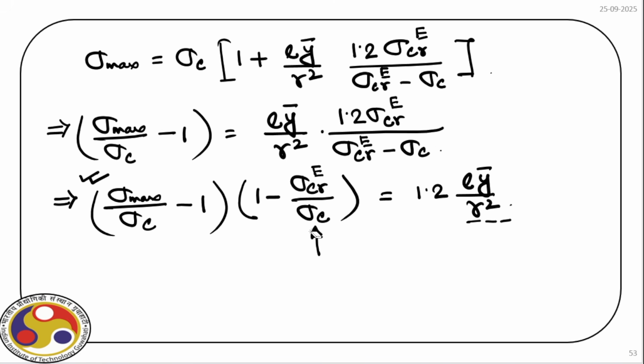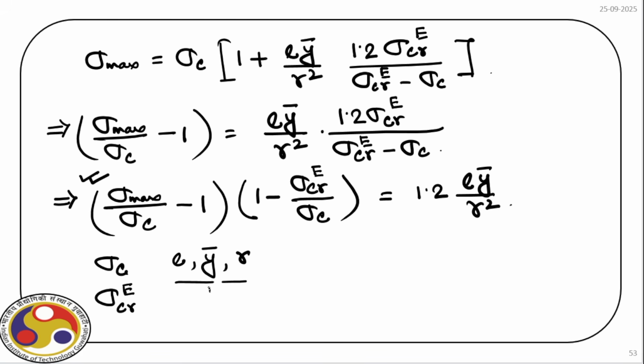So if you have a design problem, we can easily find out sigma C from the compressive load and the cross-sectional area. We can also find out sigma CR E from the Euler buckling load, and we know eccentricity, we know y bar, which is the distance of the extreme compression fiber from the neutral axis, and from the cross-section we can also calculate what is r, that is the radius of gyration.